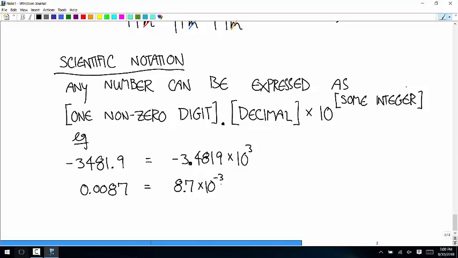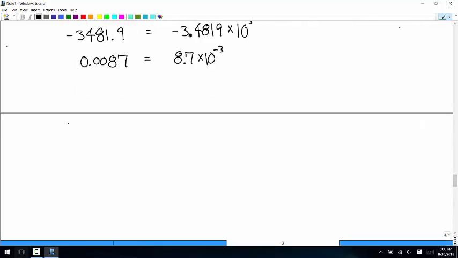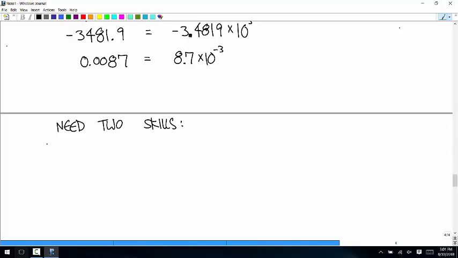Okay, so there's 2 methods we have to learn. We need 2 skills, I guess. First one is we need to be able to take a number that we're given in standard notation and express it in scientific notation.